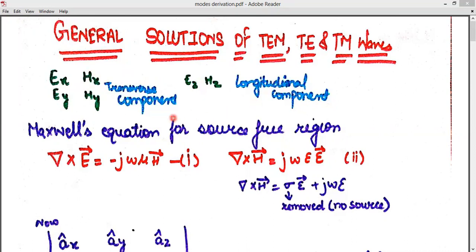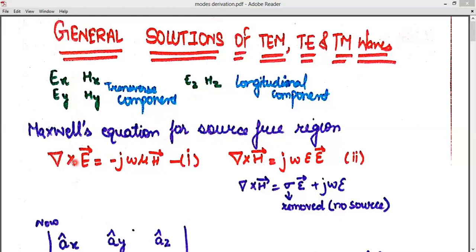So we are going to write all the transverse fields, that is EX, HX, EY, HY, in terms of EZ and HZ. For this, we will start with the Maxwell equations for the source-free region. Also remember, we are going to write Maxwell equations only for the source-free region.